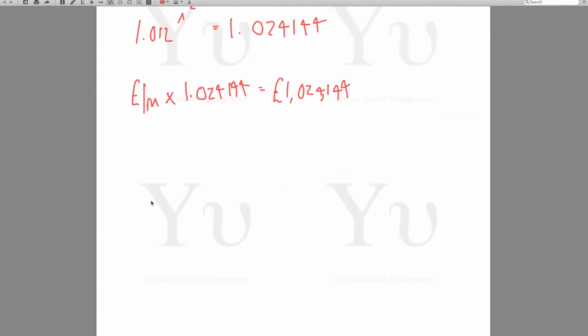Well, X gave us a return of 1,024,000. Y gave us a return of 1,024,144.